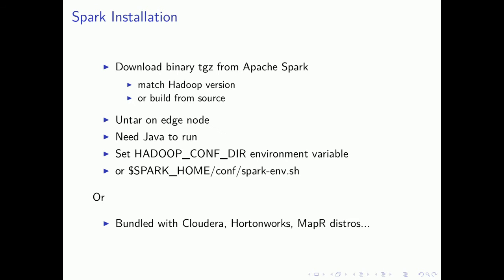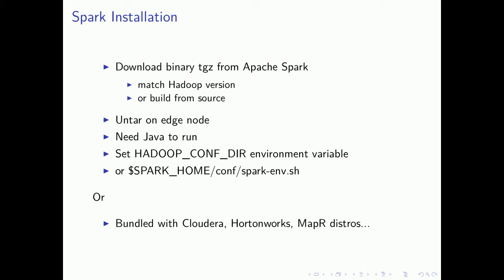What I mean by edge node is just a node that has access to your cluster. You don't need to install it on every node in the cluster, just on one edge node that can talk to your cluster, and the cluster has to be able to get back to that edge node. And it has to be able to talk to the resource manager, wherever your resource manager is running, because that's where the Spark job gets submitted. And then the resource manager starts the Spark application master, and then resources start flowing from there.